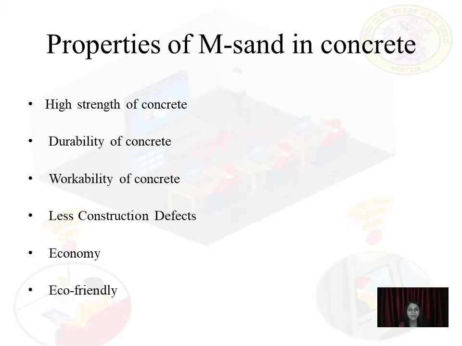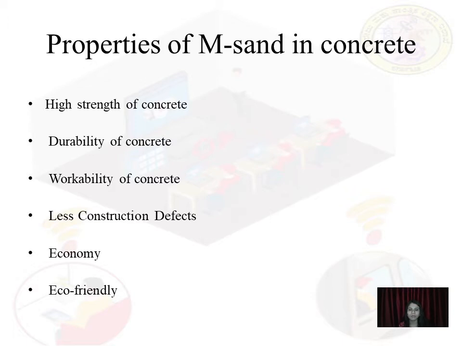Because of these angular grains or rough texture, there is a better bonding between the aggregates in concrete or mortar, thereby providing improved strength properties. Therefore, the concrete which is produced from M sand has a high strength.